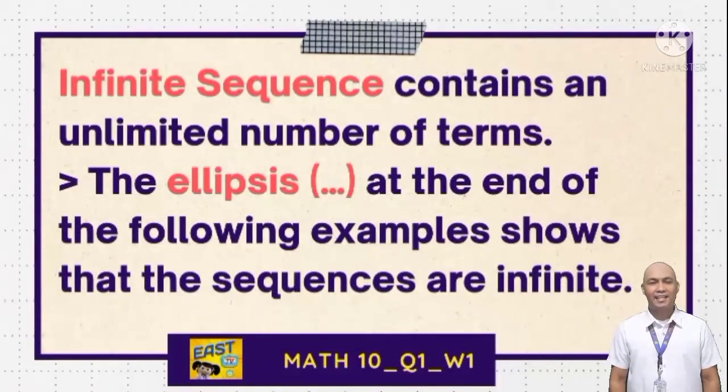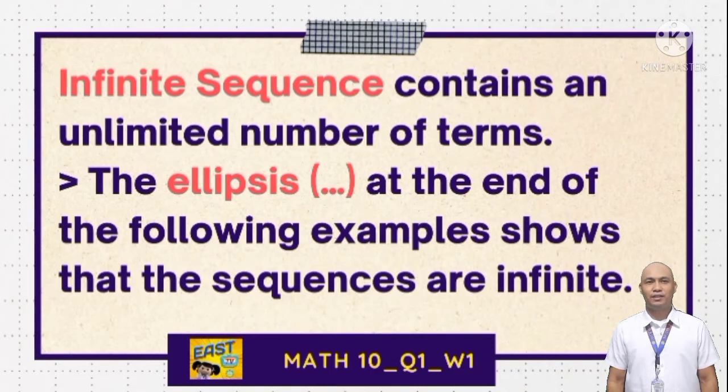On the other hand, an infinite sequence contains a countless number of terms. The number of terms of the sequence continues without stopping or it has no end term. The ellipses or the 3 dots at the end of the following examples show that the sequences are infinite. Let us consider the examples.